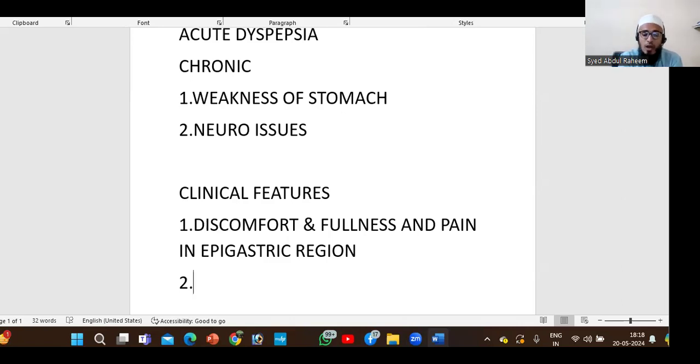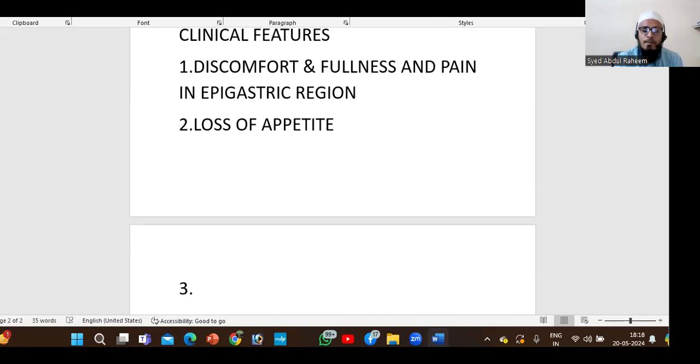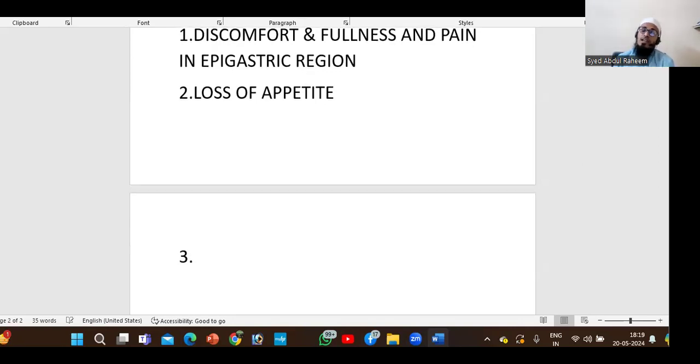Okay, next, the second thing is that the patient has loss of appetite, there is no appetite or less appetite. This is very important. Next, the patient has a burning sensation in the epigastric region, heartburn, and acidity issues.